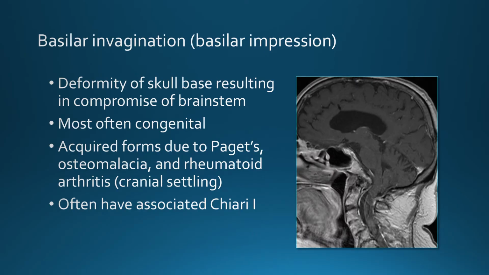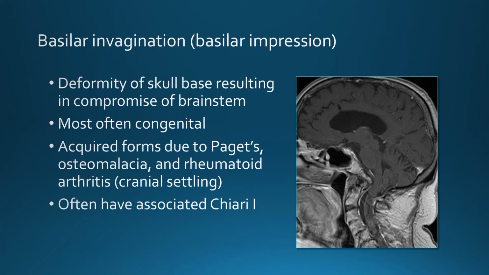You may also hear the term basilar impression. Some people separate basilar invagination and basilar impression, with one representing congenital and the other representing acquired. I don't really think that's helpful. Most people just lump it all together and use the term basilar invagination.